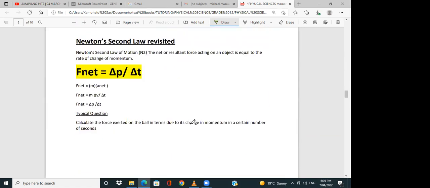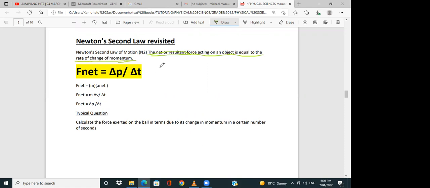Moving on. Right now, we are going to do something you did last year: Newton's second law revisited in terms of momentum. Newton's second law in terms of momentum says the net or resultant force acting on an object is equal to the rate of change of momentum.